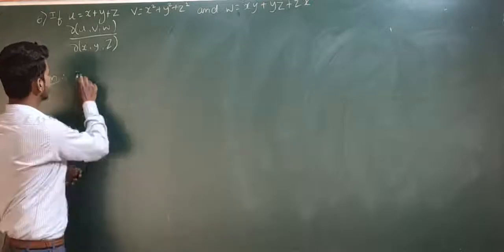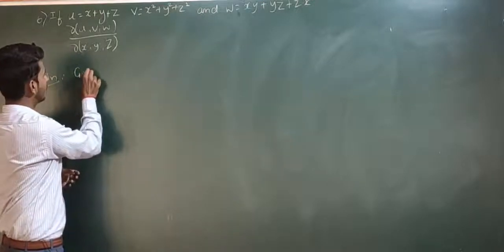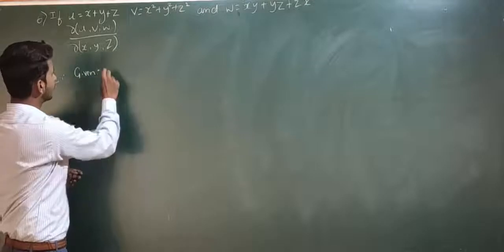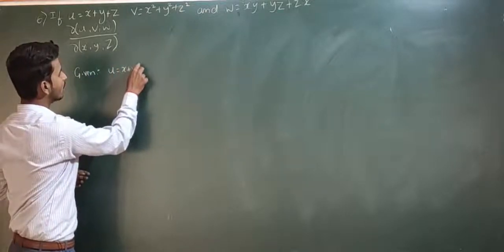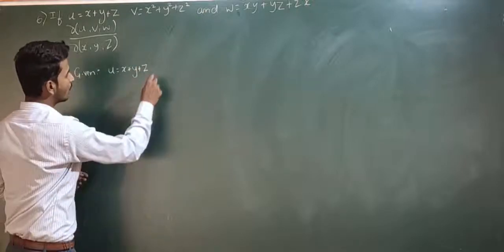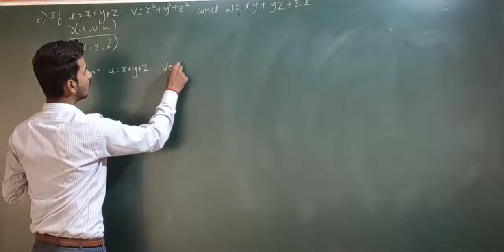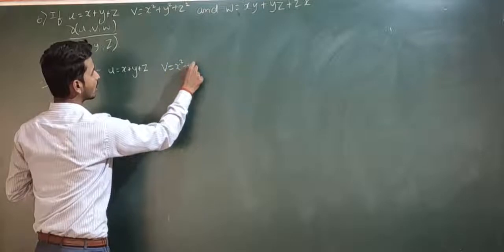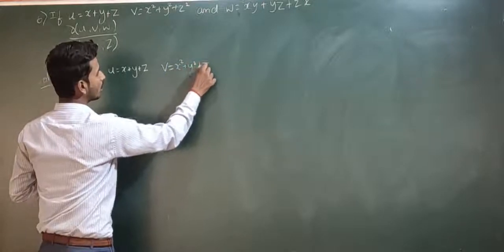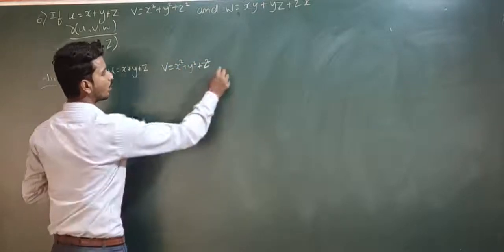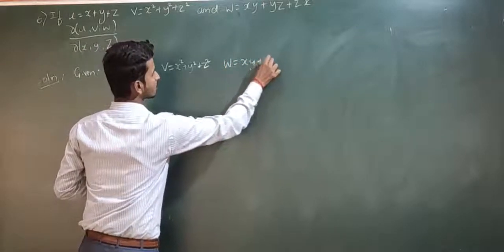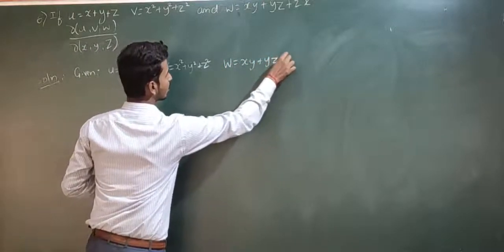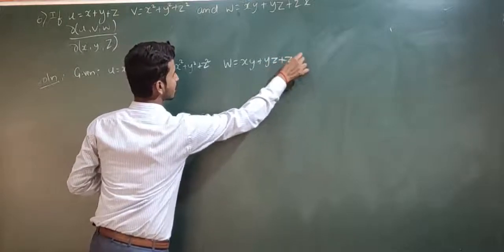They have given here u equal to x plus y plus z, v equal to x square plus y square plus z square, and w equal to xy plus yz plus zx.